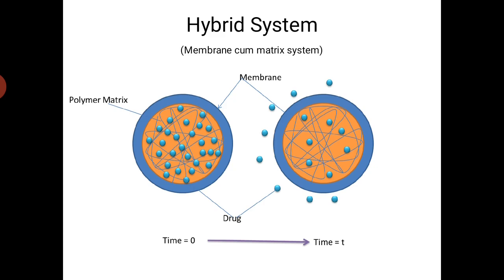So the entire release is controlled by two mechanisms, matrix as well as membrane. So this is a hybrid system which offers a more extended, more controlled way to release the drug molecule. As time proceeds, slowly the drug molecule comes out of the mesh-network-like matrix. Again, it has to come out of the membrane into the outer environment. So this is the specialty of the hybrid system.